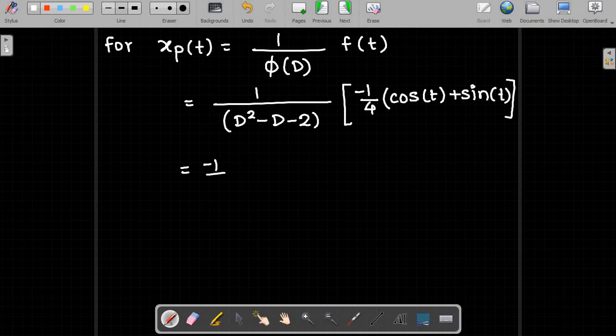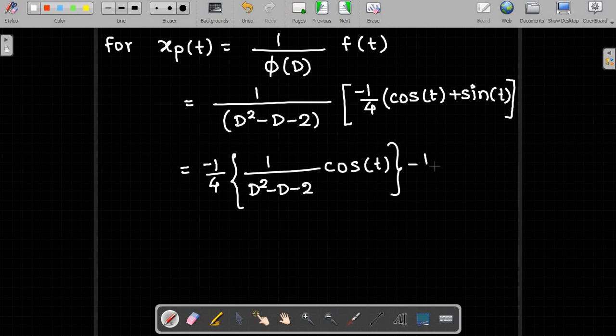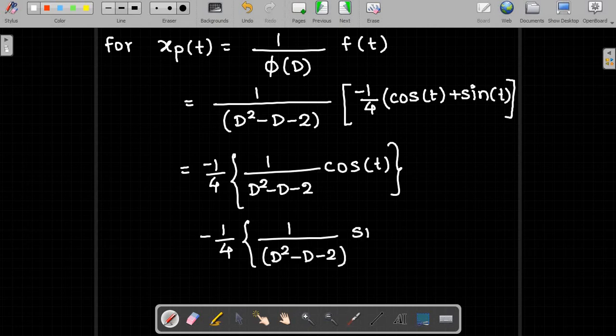So we take that minus 1 by 4 outside. We operate D square minus D minus 2 on cos t, minus 1 by 4, that term. So it is minus 1 by 4, 1 upon D square minus D minus 2 on sin t.